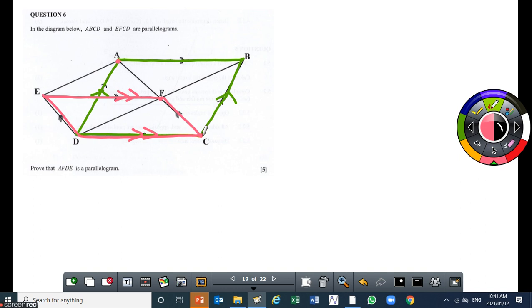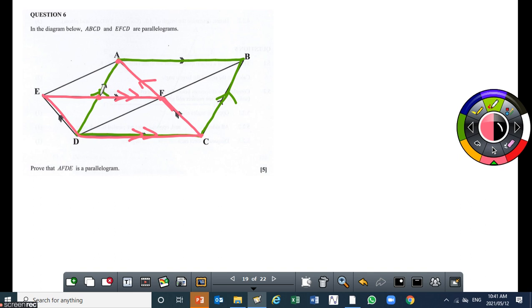Now, this is very important. Since AC is also parallel to ED, it means I can use the fact that there are alternate angles here. For the triangle, you might need to do a construction. So the construction is you can create a point here.